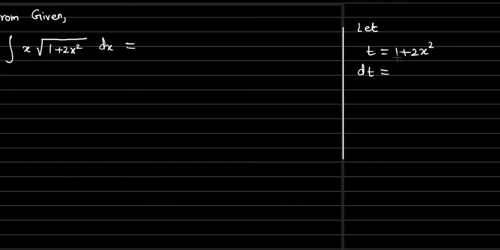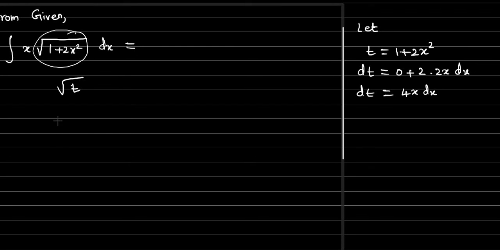Now we will differentiate. dt is what? Differentiation of 1 is 0. Differentiation of x square is 2x, and 2 we already have, so 2 into 2x dx. 2 into 2 is 4, so 4x dx. That is the dt we got. But if you notice here, this square root of 1 plus 2x square becomes root t, and x into dx together, the product of x and dx, we have here.